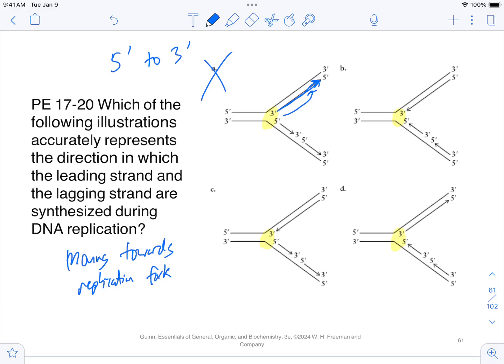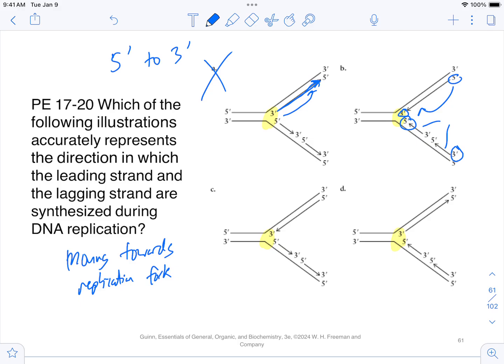If I look at B, I do notice that the arrow is going in, which is good. And it is going from 5' to 3', which is good. So that would be nice for the leading strand. Now I want to look at the lagging strand. This is fragmented. Notice you have an arrow there and an arrow there, so that looks nice. But notice it's going from 3' to 5'.